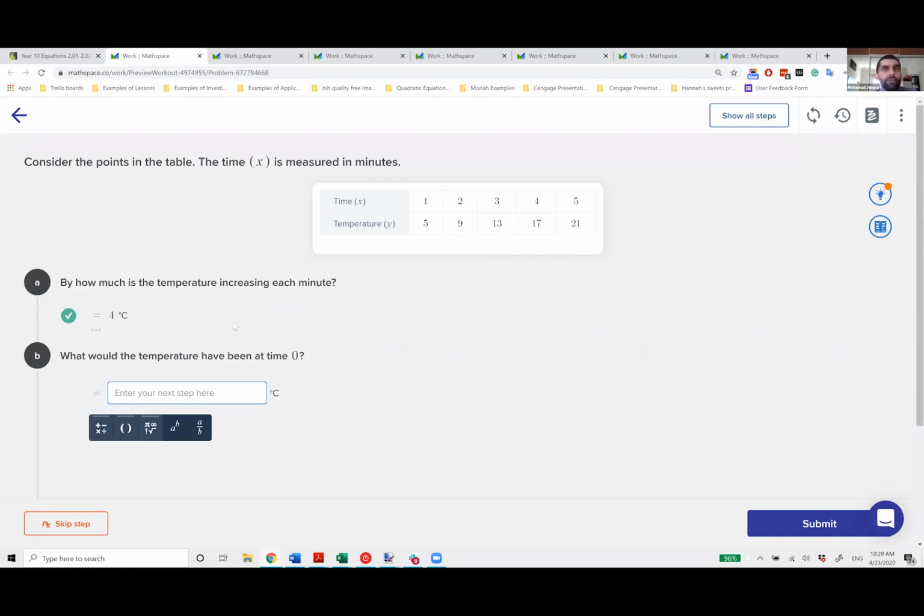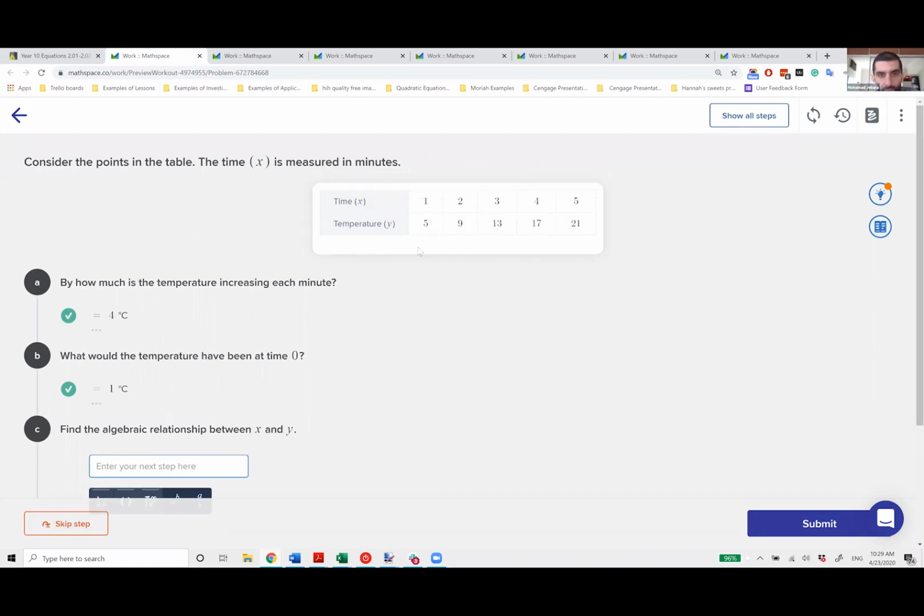Feel free to throw the answer in the chat. Okay, I'm seeing somebody say 1, and that's just following the same pattern going backwards. Cool, so the answer is just 1. If we put a 0, that would be just before the 1, and so it'd have to be going backwards by 4.